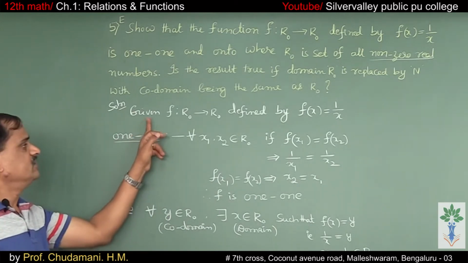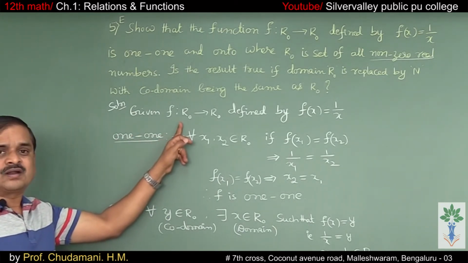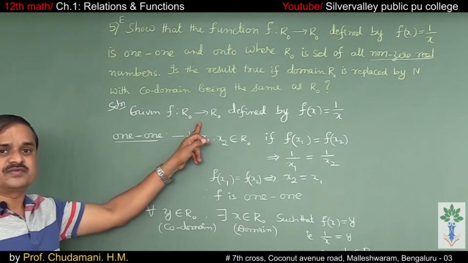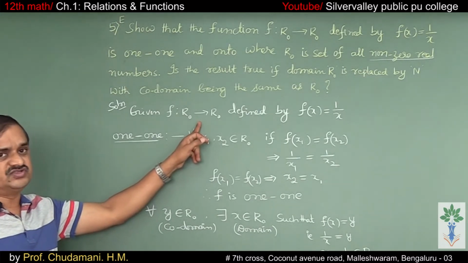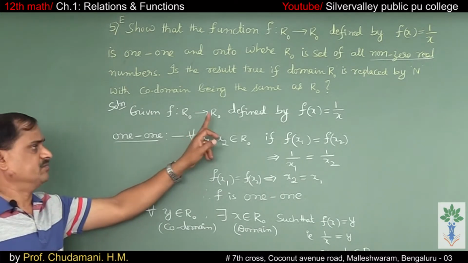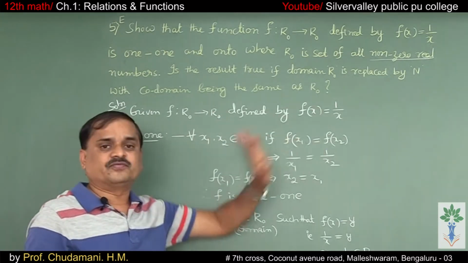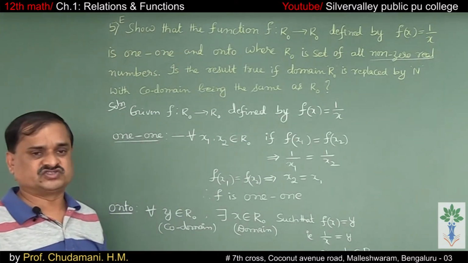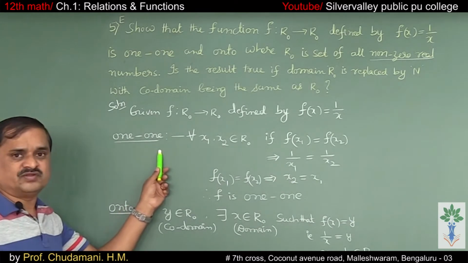Solution. Given f from R0 to R0, the set of real numbers excluding 0, non-zero real numbers, defined by f of x is equal to 1 by x. Let me verify 1-1 function.